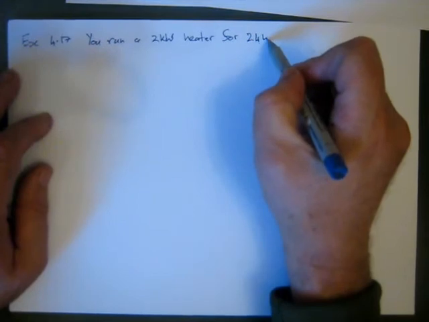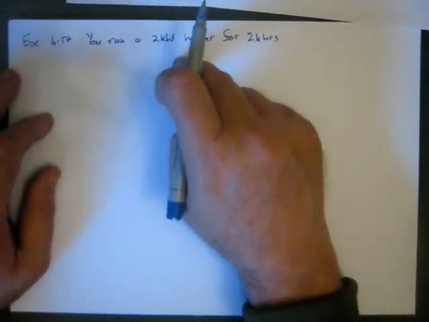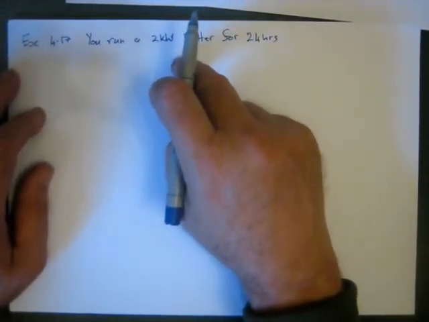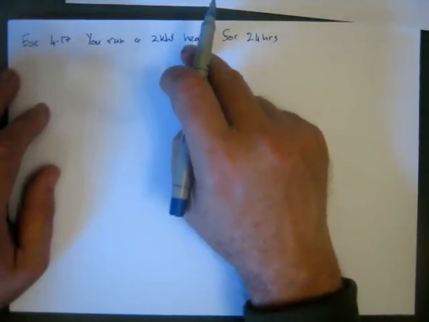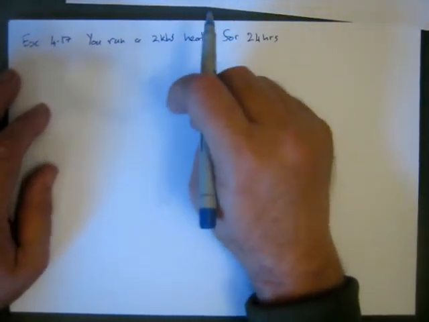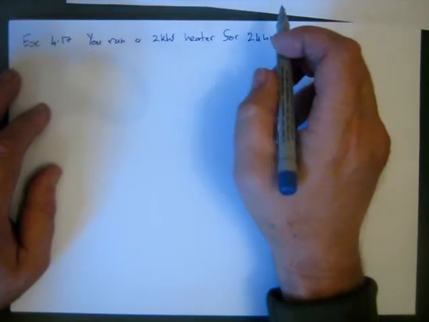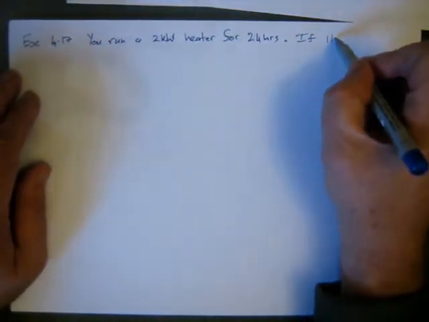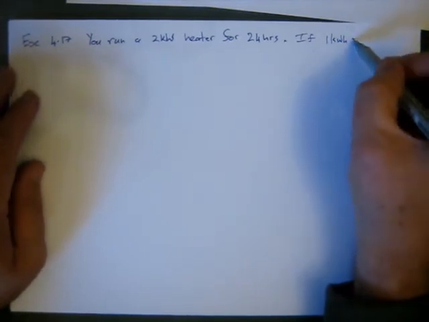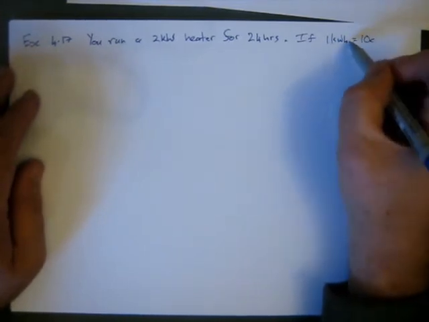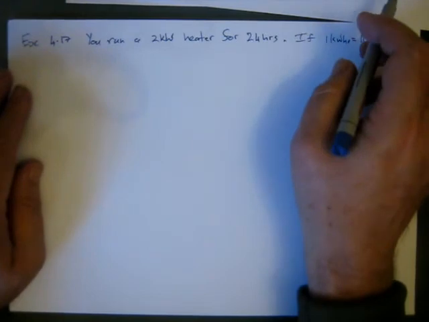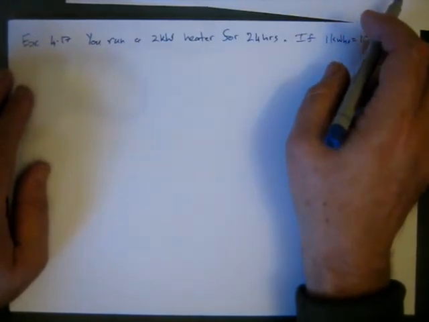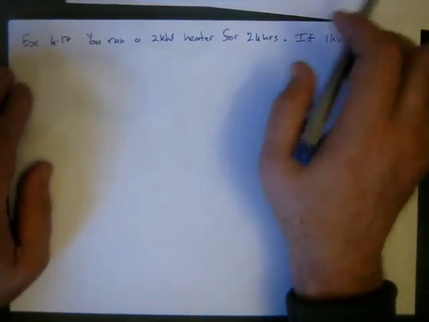The 2 kilowatt heater is roughly equivalent to a 2 bar heater or a fan heater turned up to maximum. If 1 kilowatt hour equals 10 cents, I can tell you, looking at my power bill this afternoon, it does not equal 10 cents, it's closer to 25 or 30.